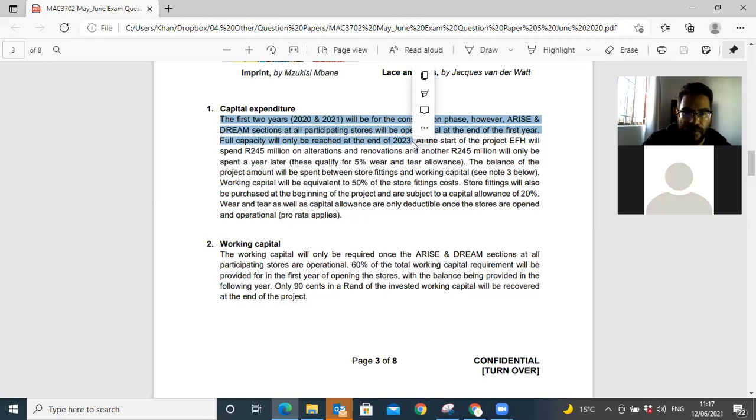Where did I read that? Yes, they said at the start of the project, EFH will spend 245. When is the start of the project? The start of the project is the beginning of 2020, because year one is 2020.